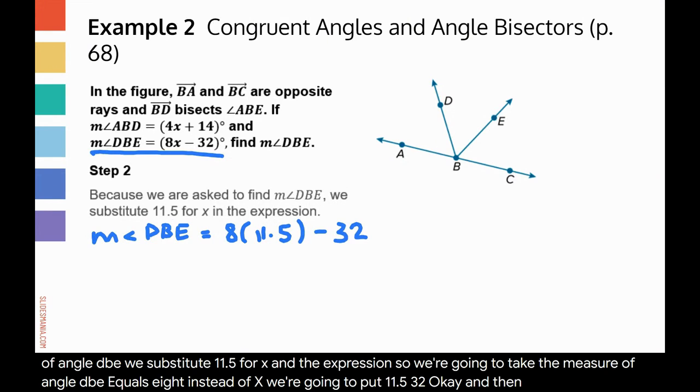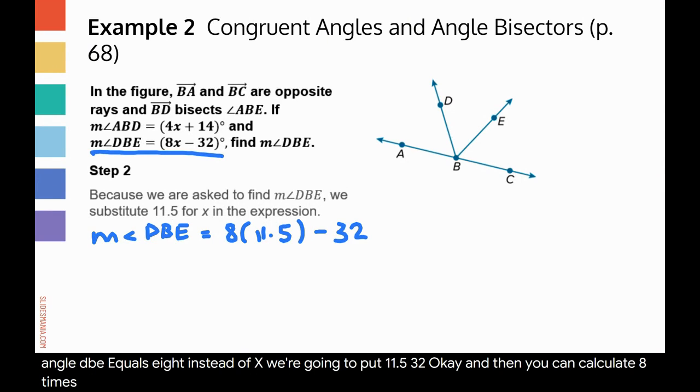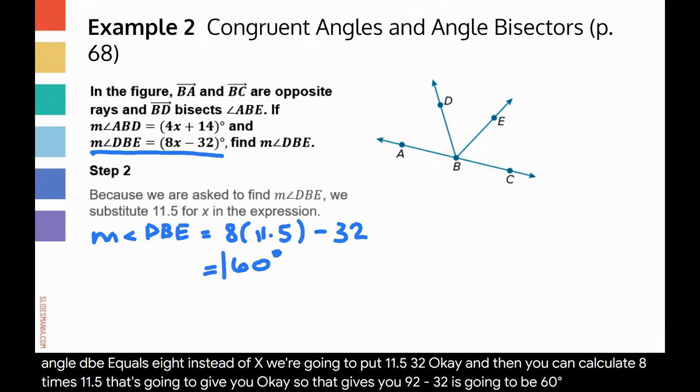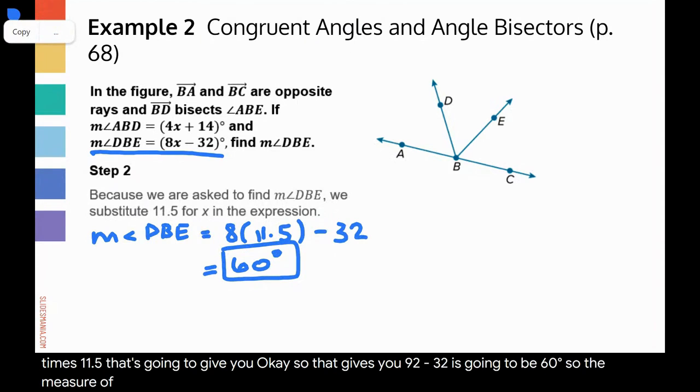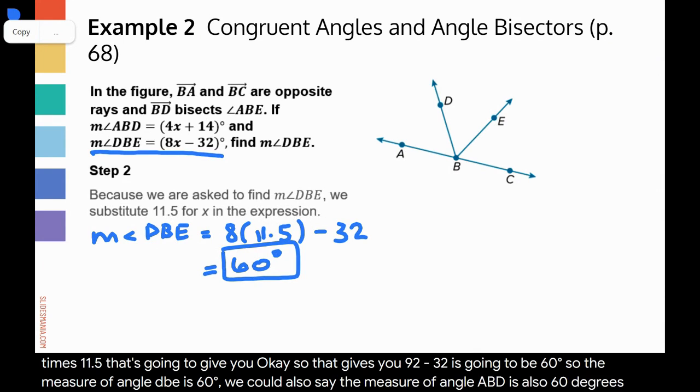Then you can calculate 8 times 11.5. That's going to give you 92. And then 92 minus 32 is going to be 60 degrees. So the measure of angle DBE is 60 degrees. We could also say the measure of angle ABD is also 60 degrees since they're congruent.